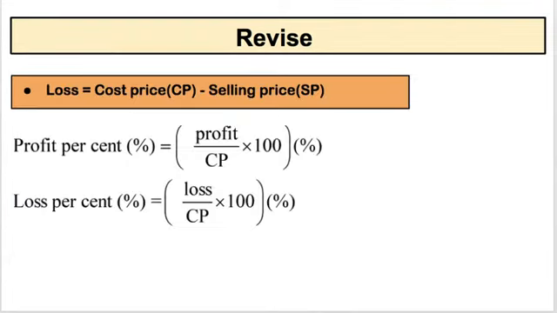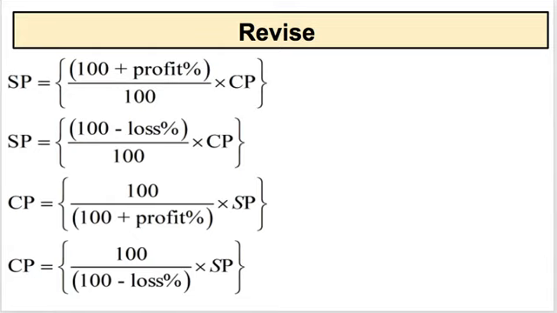Profit percentage का formula दे दिया, loss percentage का formula दे दिया. Now when you have SP and you have to calculate CP, उसका formula दे दिया, and when you have CP and you have to calculate SP, I have given the formula for that also. Now your activity is, whatever questions are there in this presentation, you are going to solve them, and then we will take up your doubts in whatever next session we have.